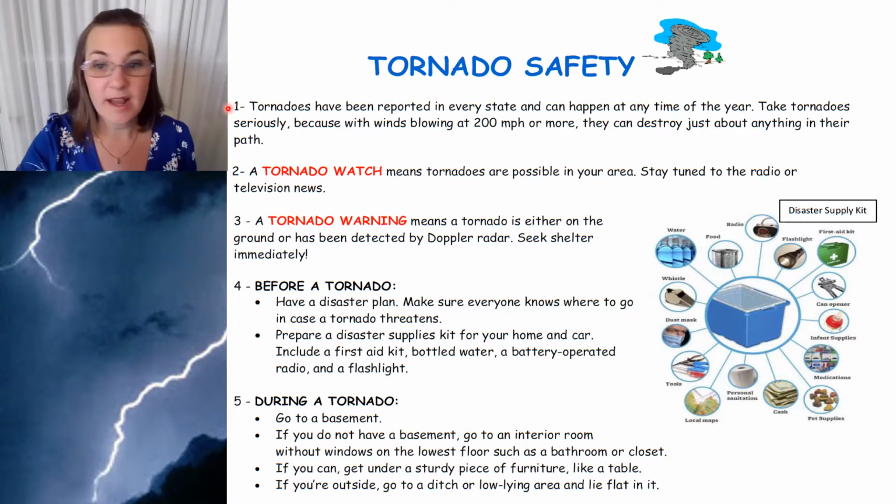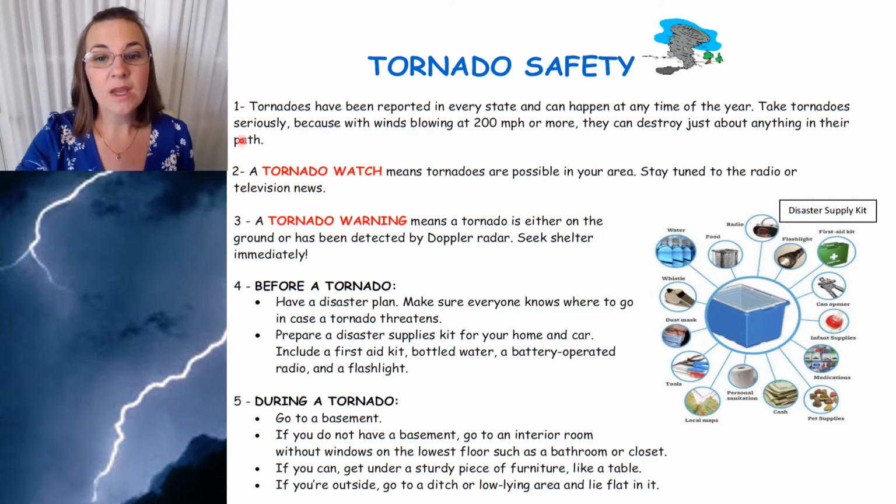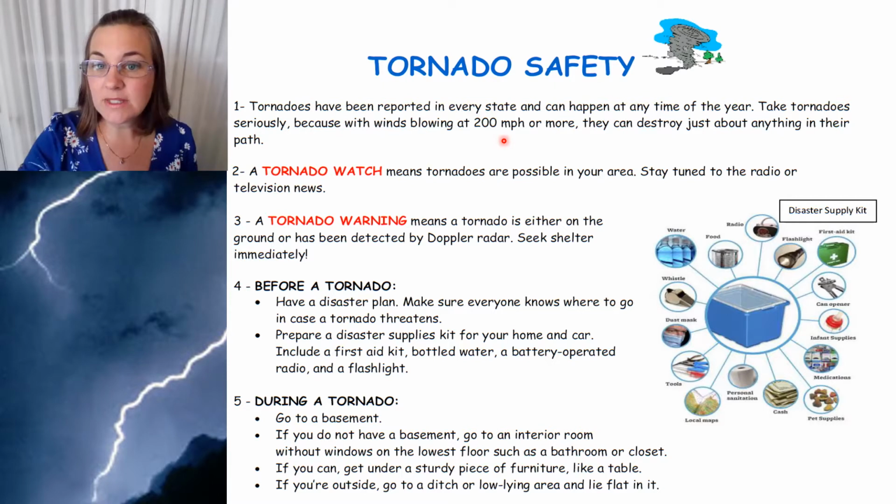Tornadoes have been reported in every state and can happen at any time of the year. Take tornadoes seriously because with winds blowing at 200 miles per hour or more, they can destroy just about anything in their path. Second grade, I want you to notice this right here, this MPH. This is an abbreviation. That means it's a few letters that stand for something bigger.